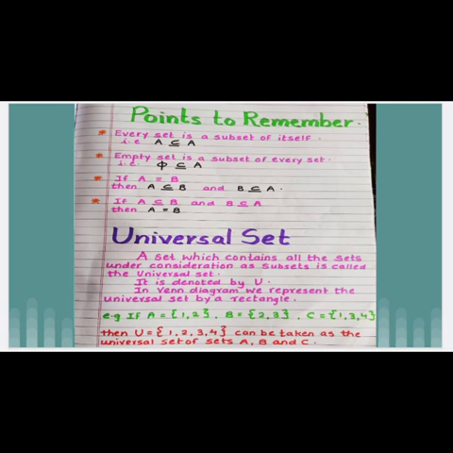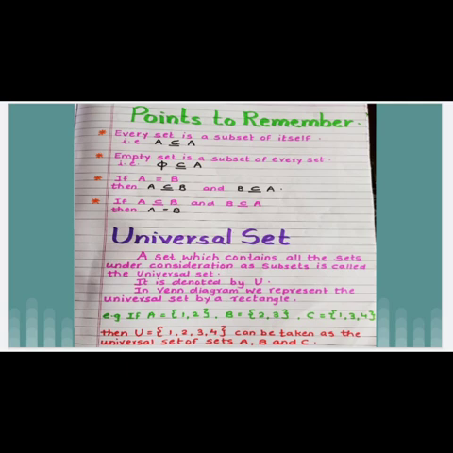Example, if now we have here three sets, A is equal to {1, 2}, B which has elements 2, 3 and C which has elements 1, 3, 4. Okay, so here we have three sets.